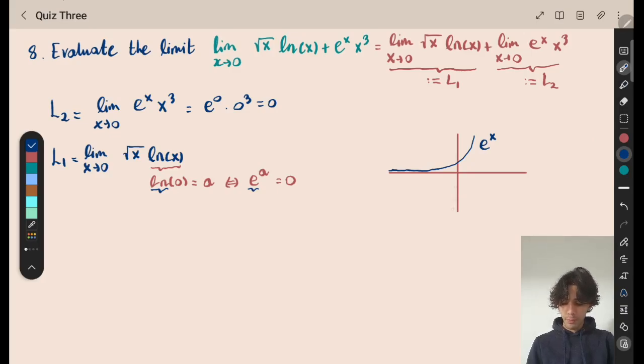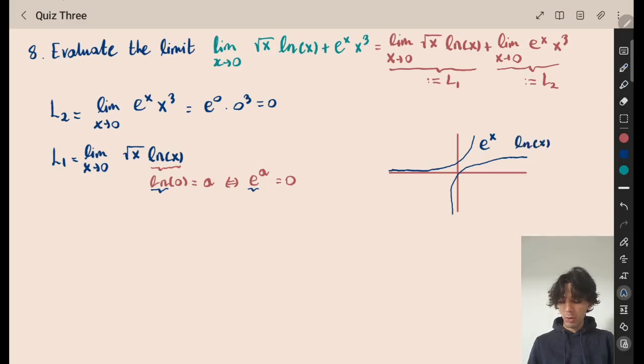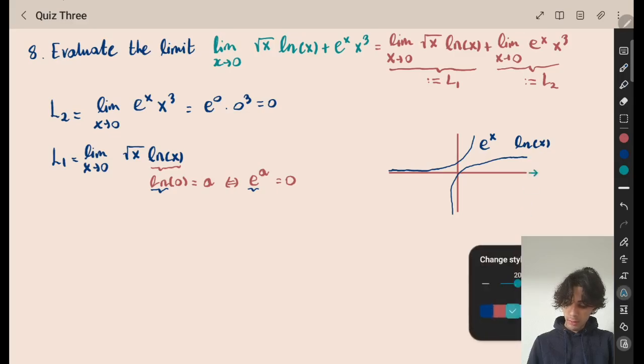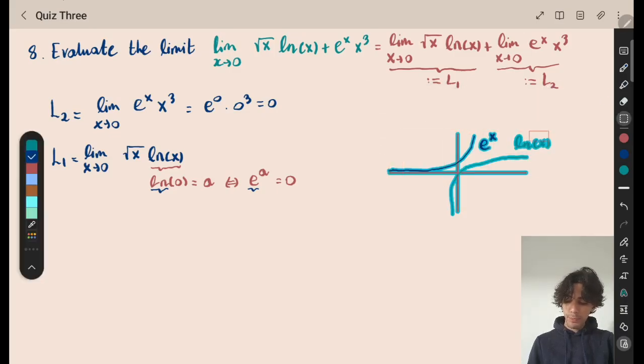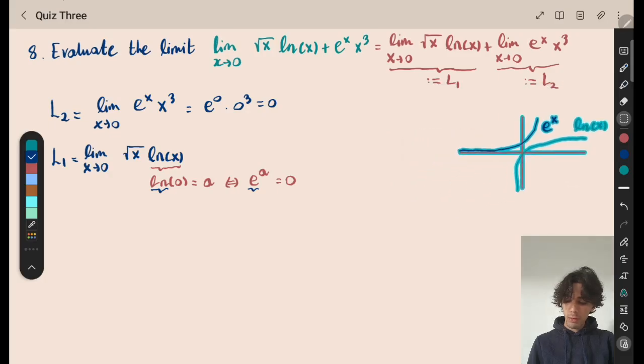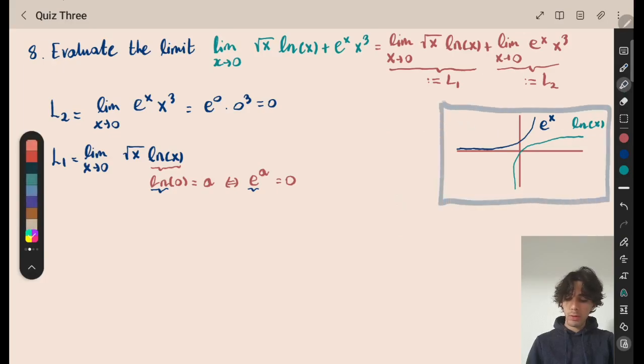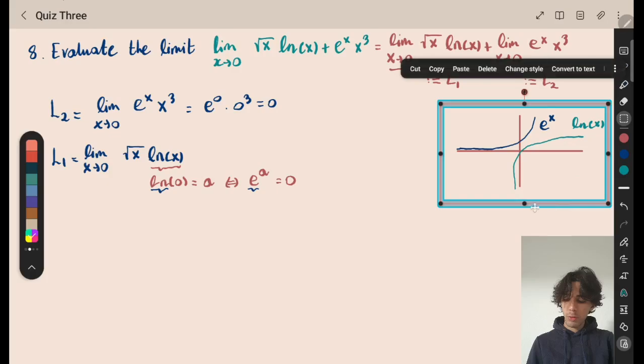So this is the graph of ln of x for your reference. Good. Maybe I'll keep this on the side, and we can now proceed with more problems.